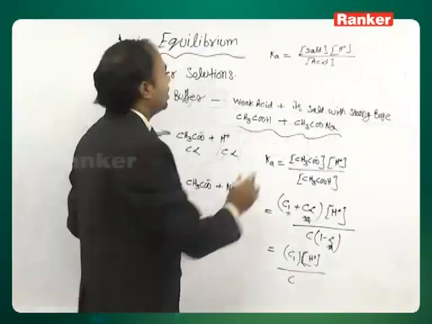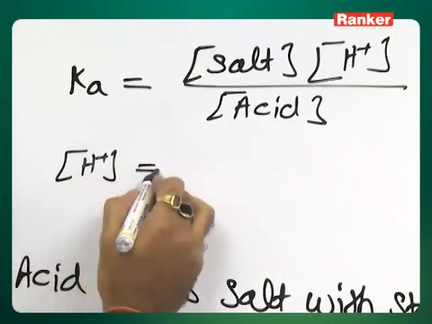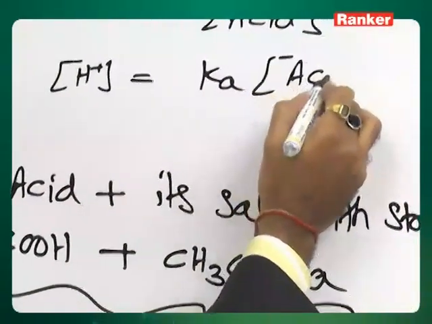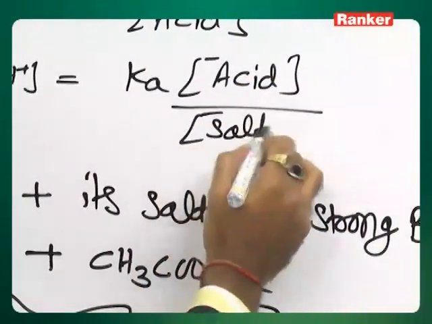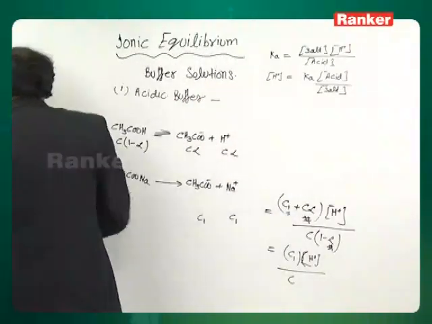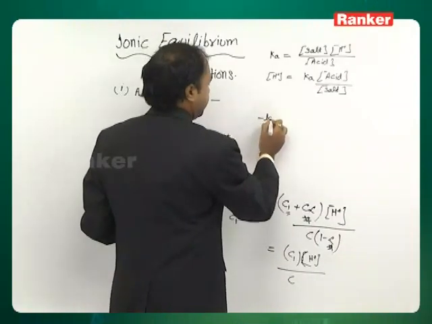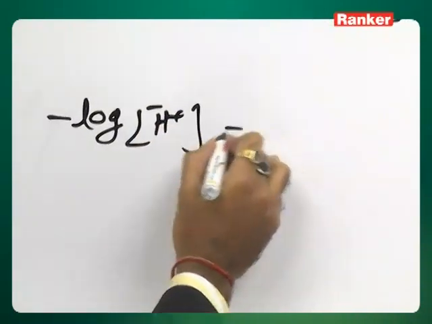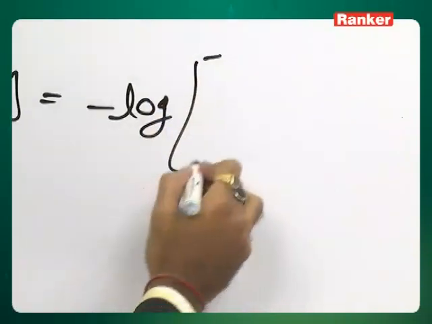Right. Now we get H plus ion concentration equal to Ka into concentration of acid by concentration of salt. We take minus log on both sides.